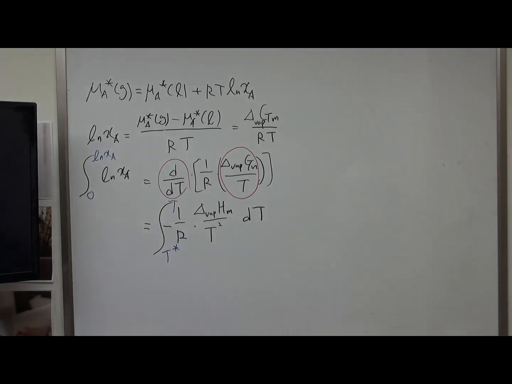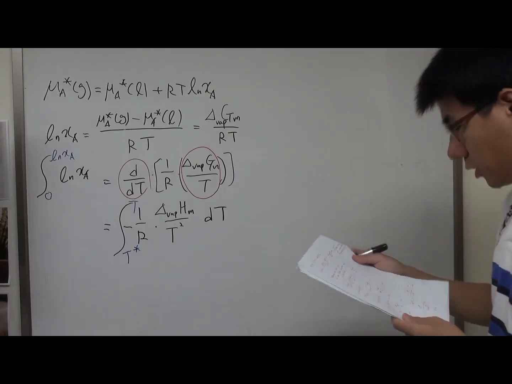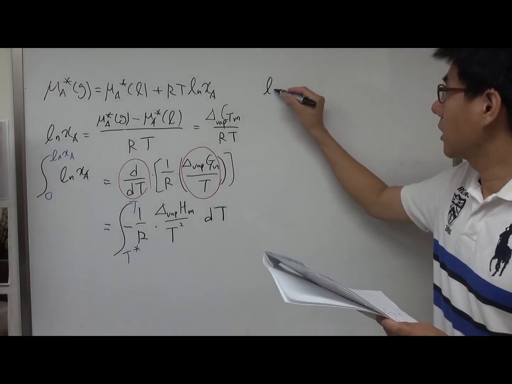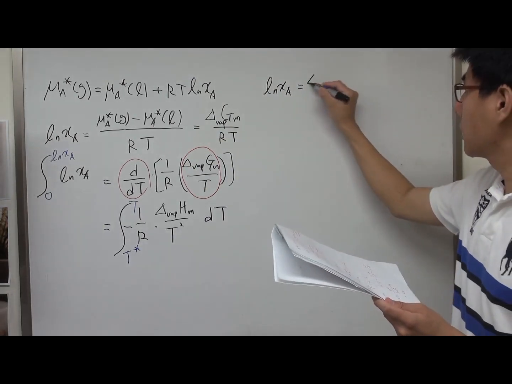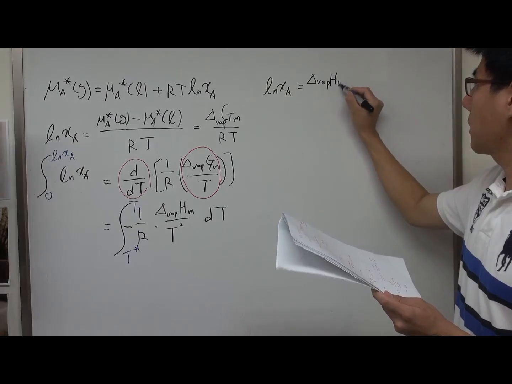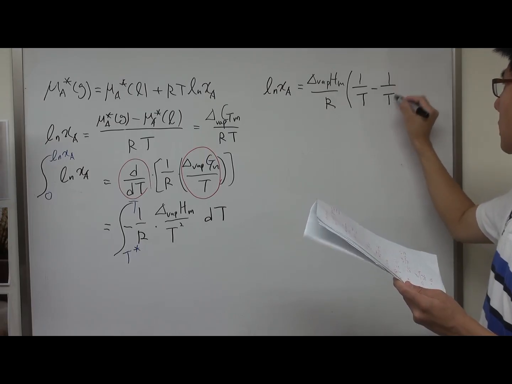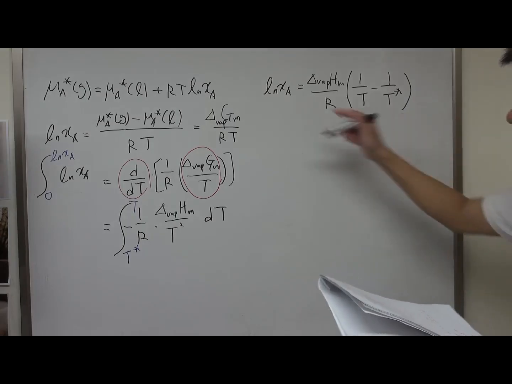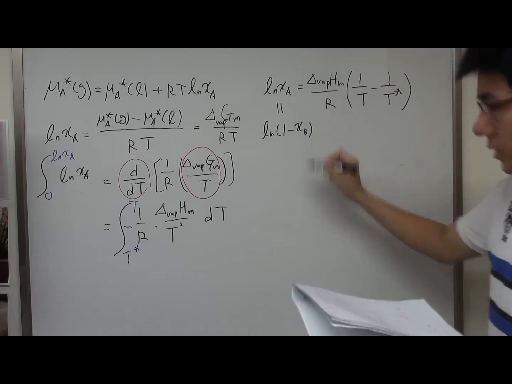Let's see. Alright. So if you do the integration, what you get is the left side is ln xa. Right side, what you get is delta vaporization Hm over R times 1 over T minus 1 over T star. And ln xa is equal to ln of 1 minus xb, right?